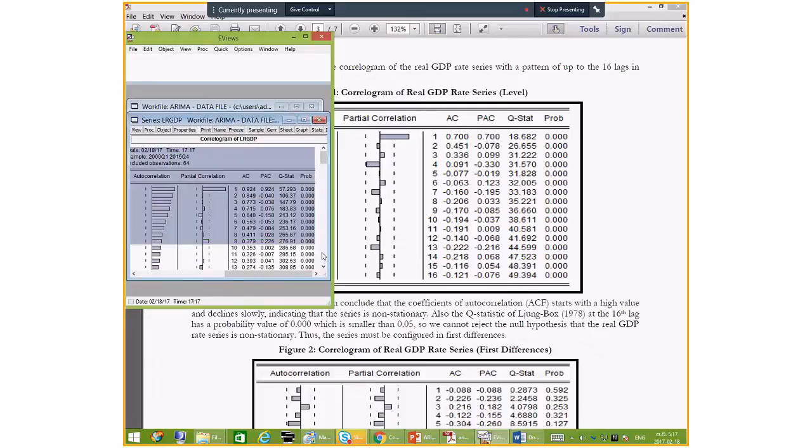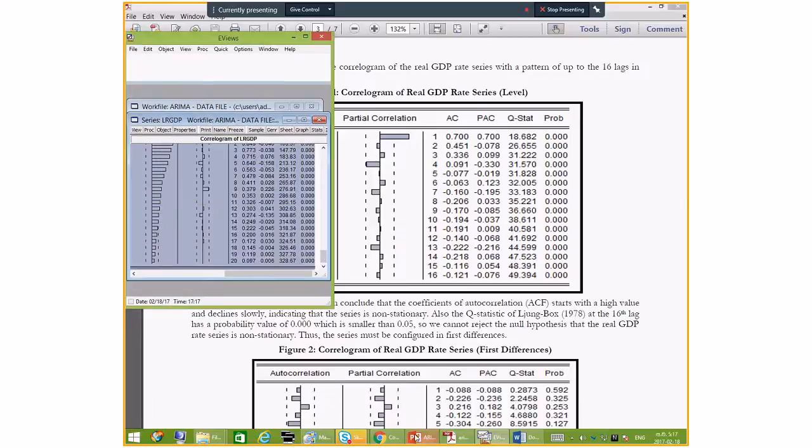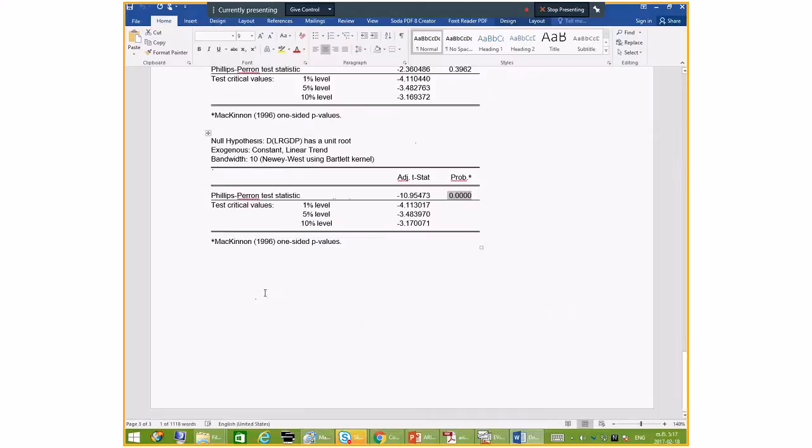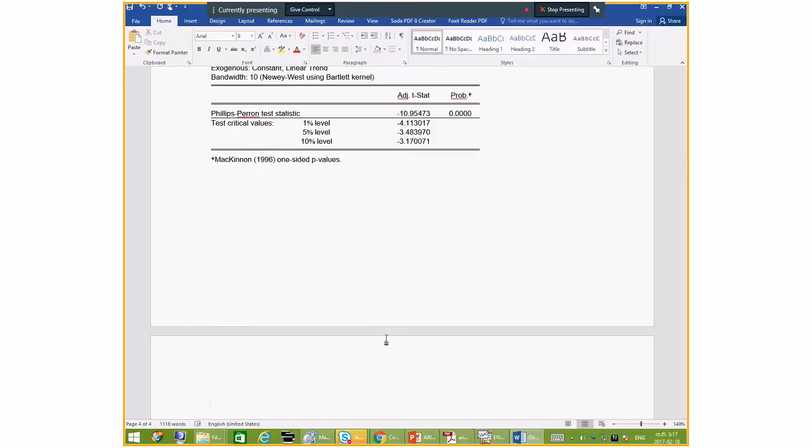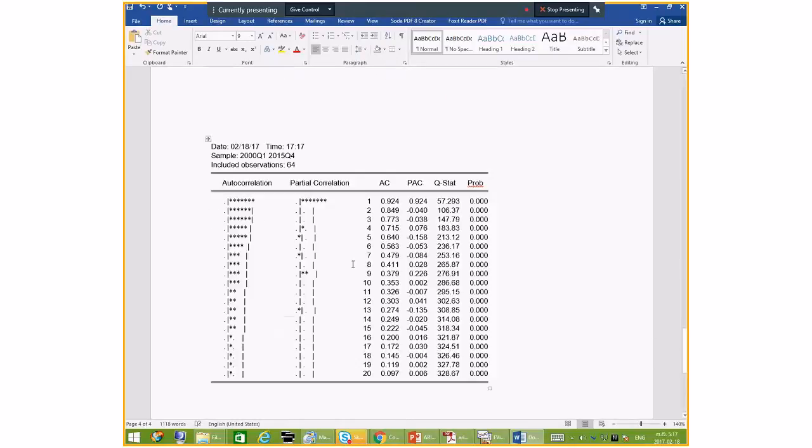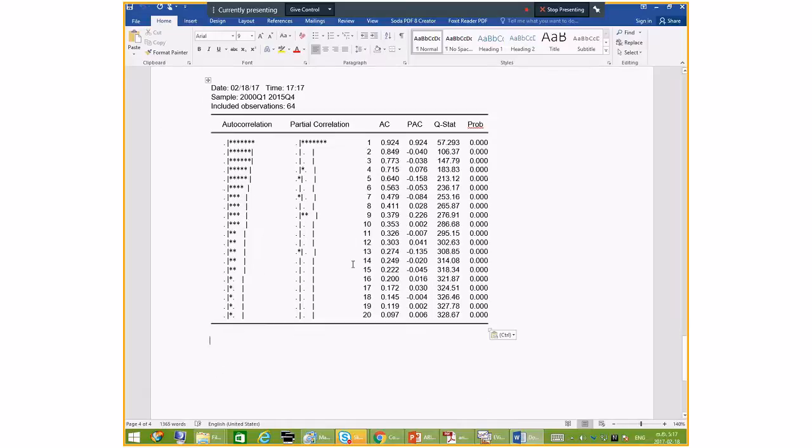This is cut, copy and paste into a Word file. Our value is 0.25, right? 0.25 up to here. So then lag 13.